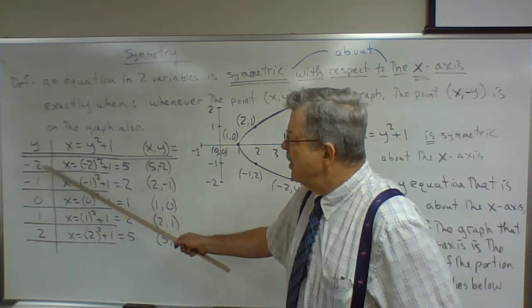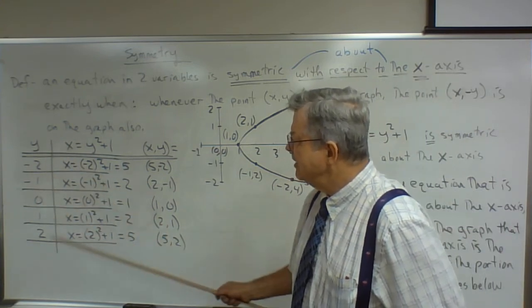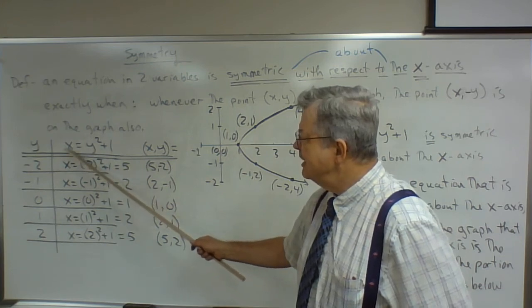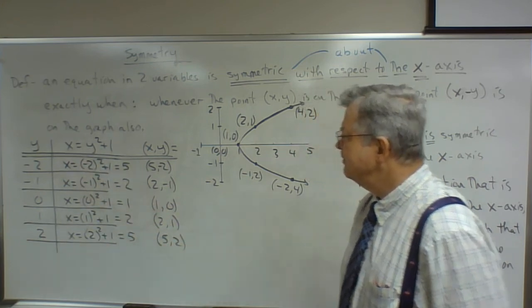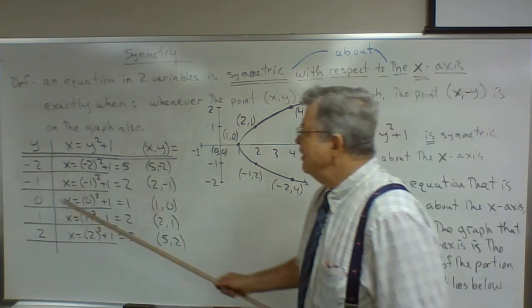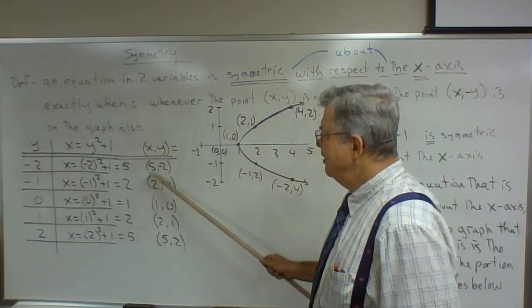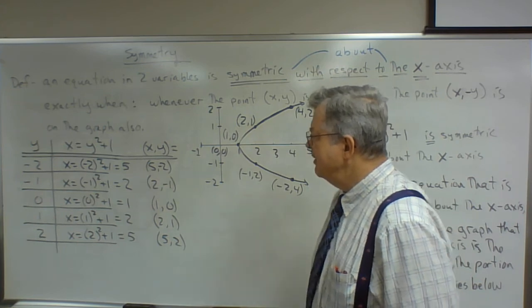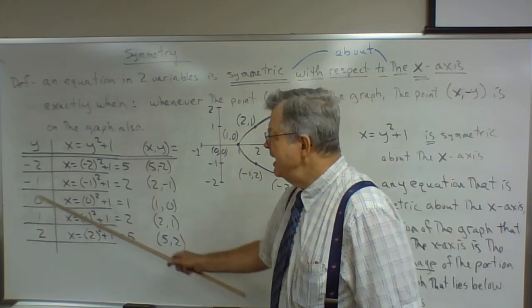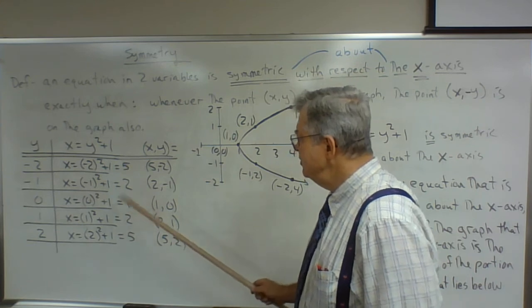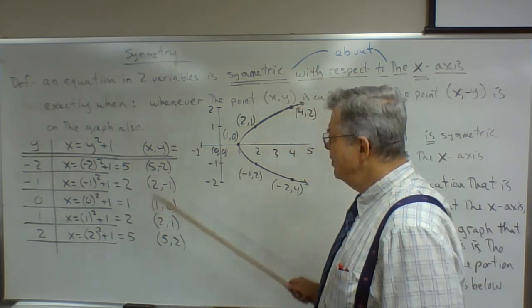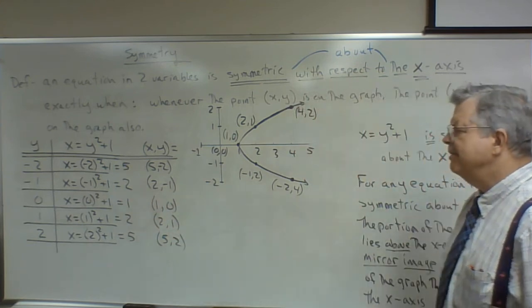I plugged in the y values, squared them to get my x values. So when y is negative 2, x is 5. So 5, negative 2 is on the graph. When y is negative 1, x is 2. So 2, negative 1 is on the graph, and so forth.